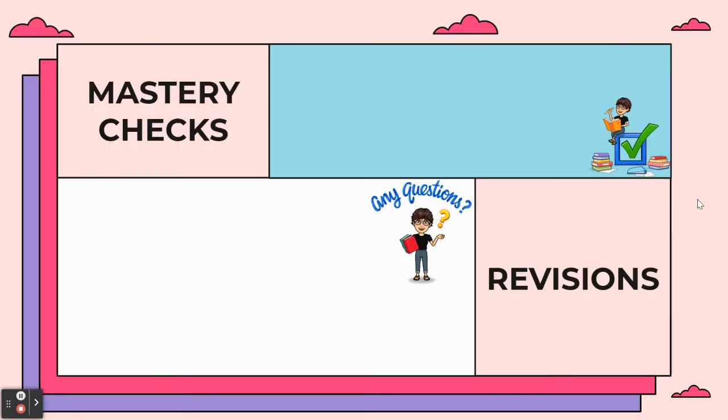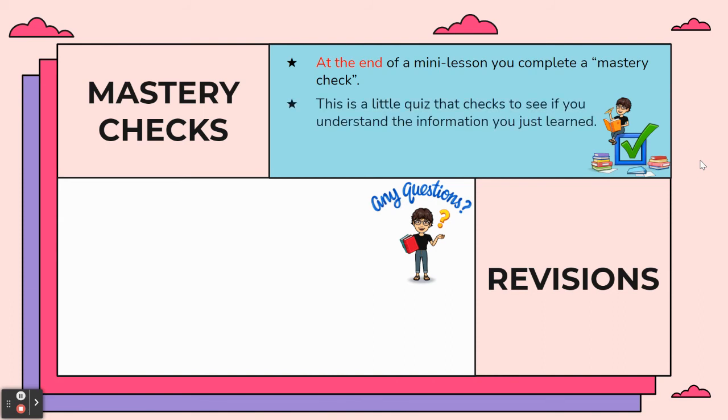All right, so these mastery checks, I know you've seen this because I used it last week on your Edpuzzles, but I want to take the time to explain what this means. A mastery check is something that's at the end of a mini lesson. You'll complete the mastery check. It's a little quiz that has like 2 or 3 questions, maybe sometimes 4 questions, just to see that you understand the information you just learned.